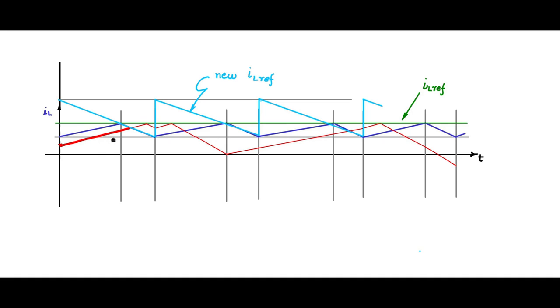So it goes parallel. Now it hits the boundary here. It hits the IL reference here, and at this point it tries to cross over, and the comparator error goes negative. The comparator output will see to it that the reset of the SR latch is asserted and resets the Q value.